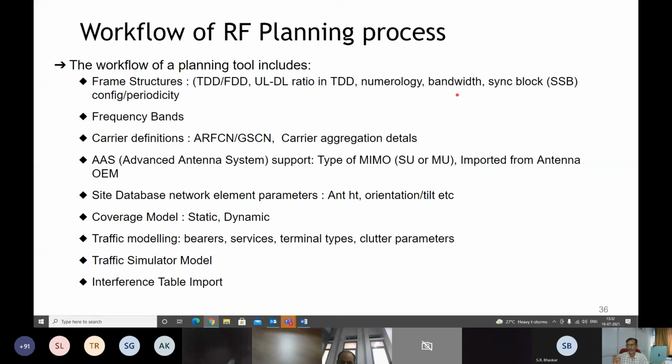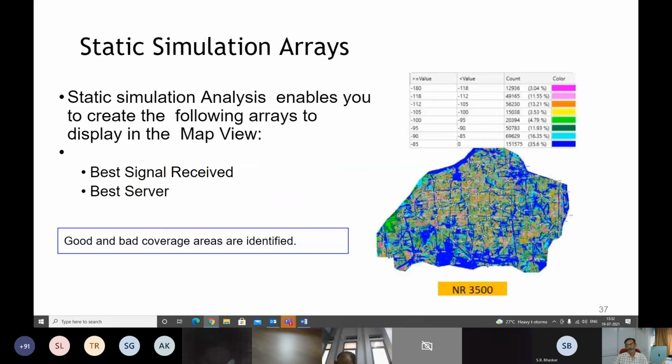If it is in a location area boundary, you may like to give more for signaling. What bands you want to give, your carrier definitions, whatever antenna system you are using. All these inputs are required, including your interference, and everything is to be inputted into the planning tool. The more accurate data you give to the planning tool, the more accurate output you have.